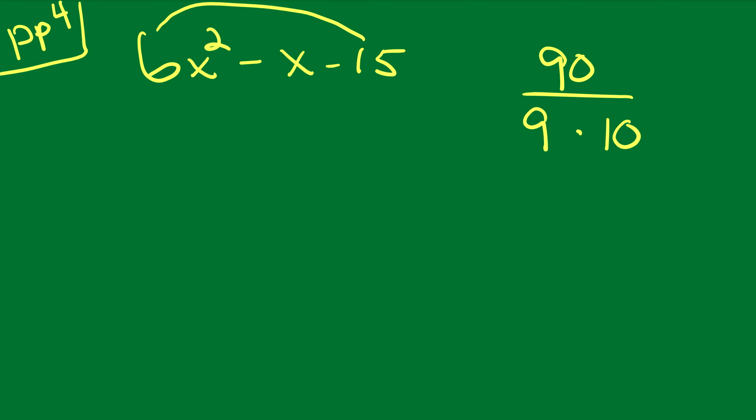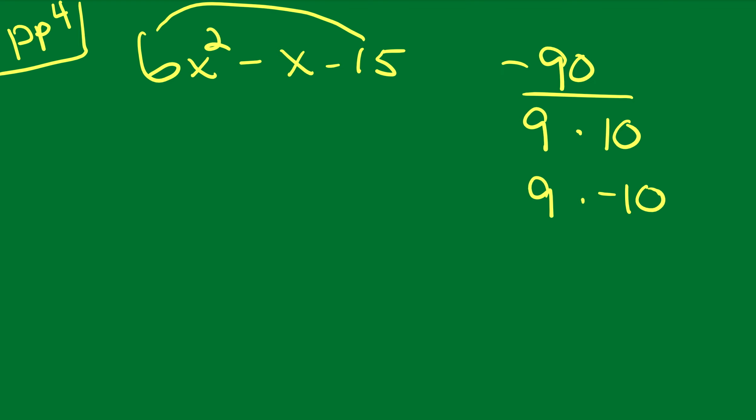And if I subtract 9 from 10, I'm going to get a positive 1, but I need a negative 1. So that means it's going to be positive 9, negative 10. 9 times negative 10, let's say it that way. That's negative 90. And 9 minus 10 is negative 1.